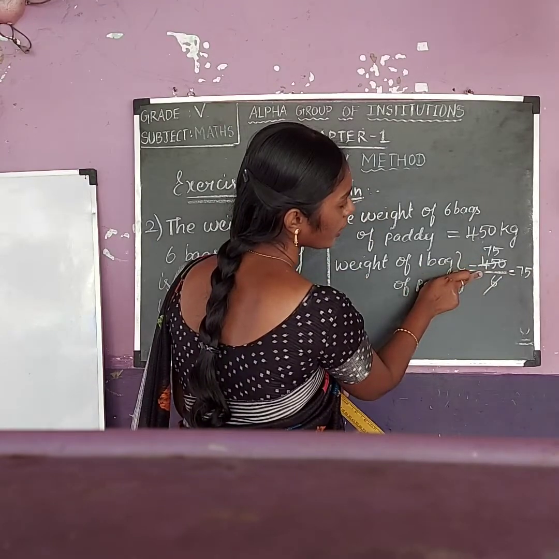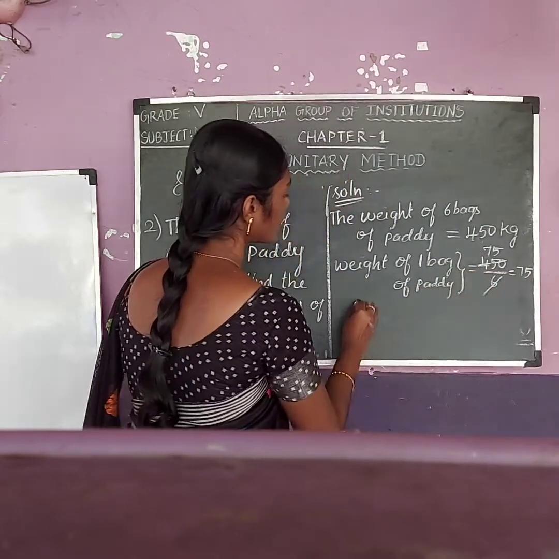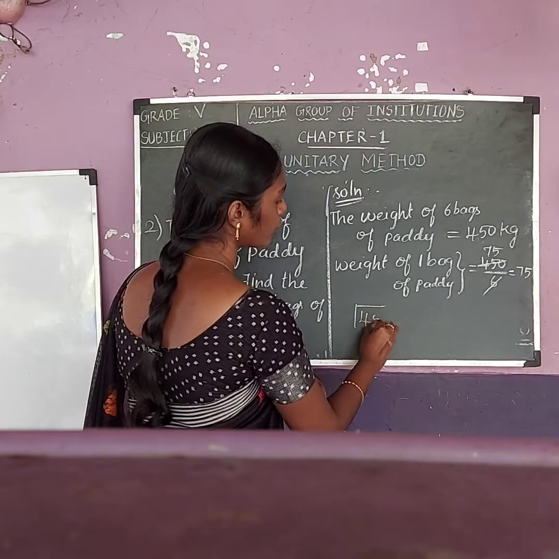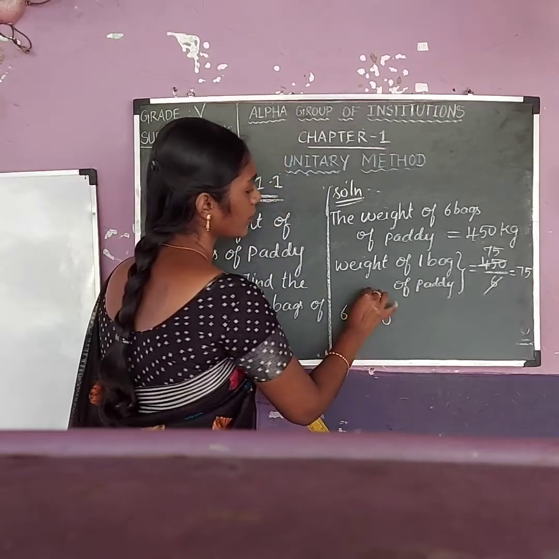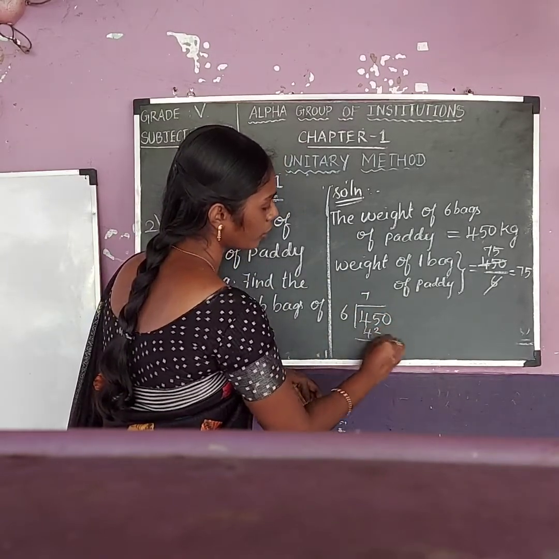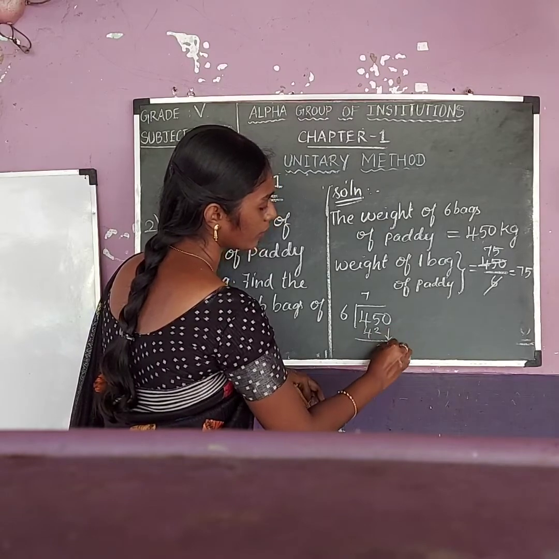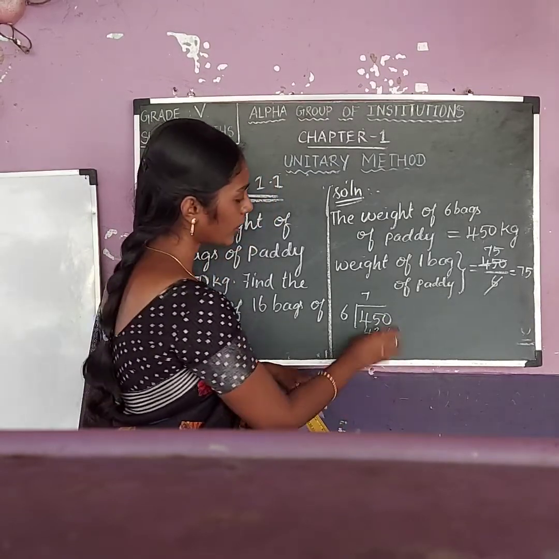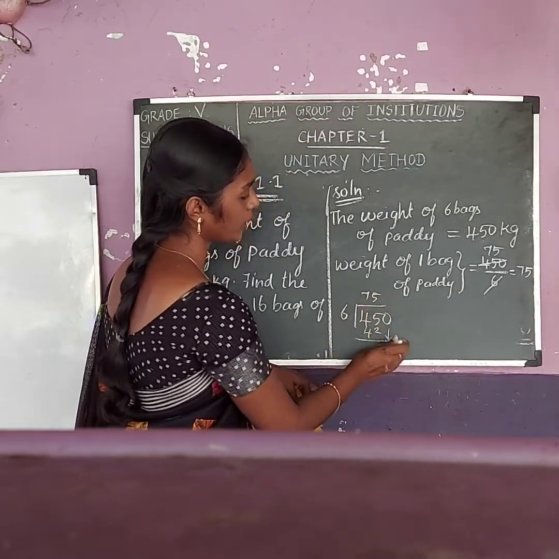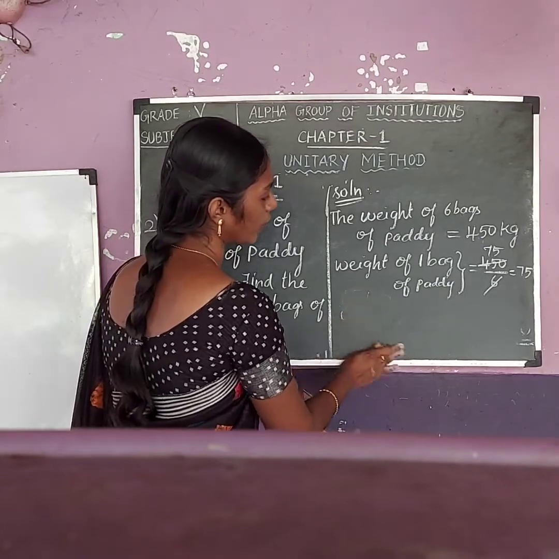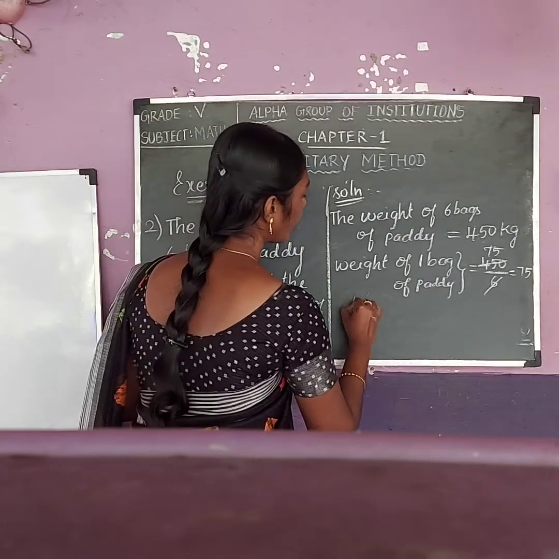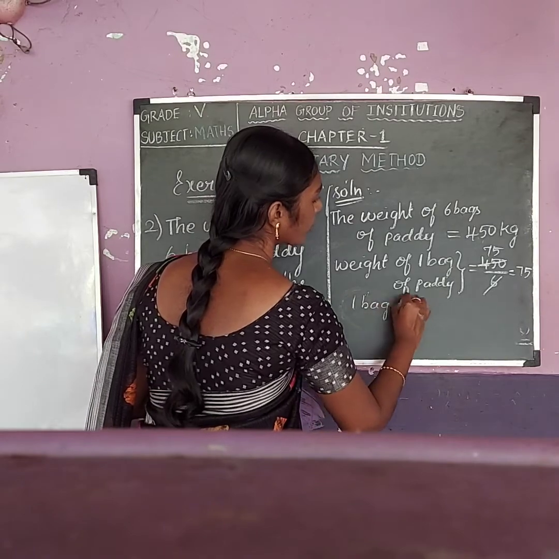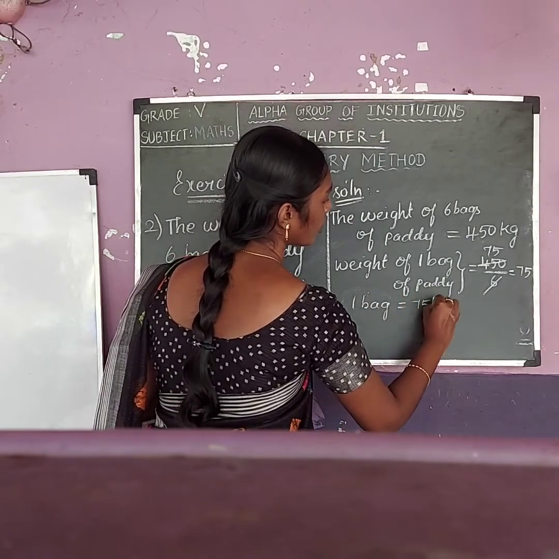You can also do the division like this. See here, 7 6s are 42, balance 3. Again we pull down this 0, so 30, and 5 6s are 30. Like this also you can divide. So the weight of one bag is equal to 75 kilogram.